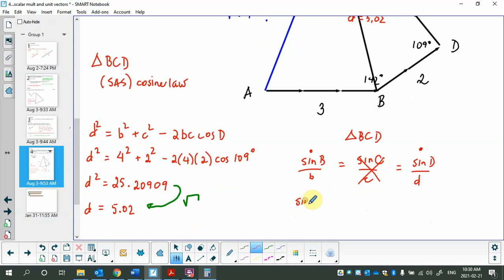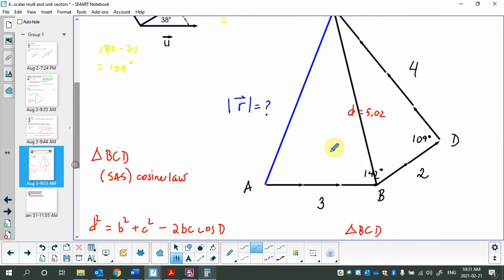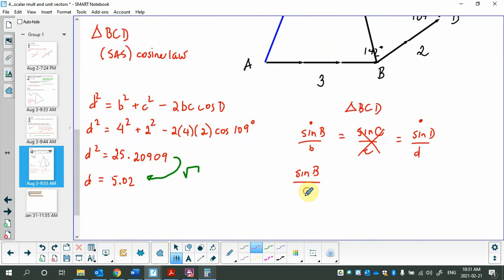So sine big B, because that's what I'm looking for, over little b is this one, equals sine big D, that 109 degrees, over little d, which was the 5.02 that I just found.